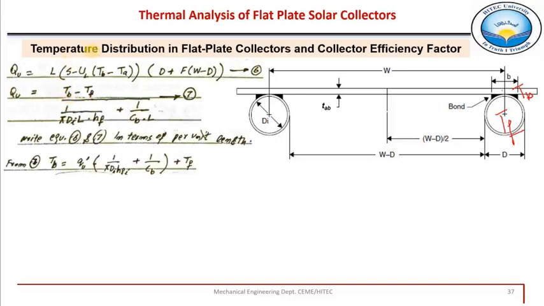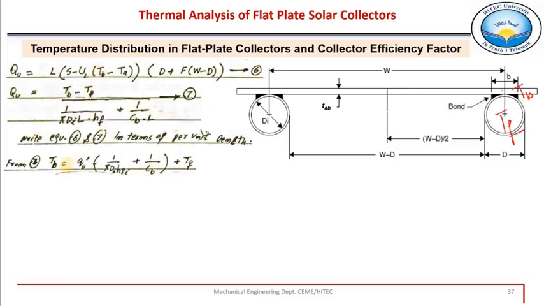So this T_b will now be shifted here in equation 6. We will write equation 7 in terms of T_b for a unit length of this absorber or collector, and then put this value of T_b in equation 6.